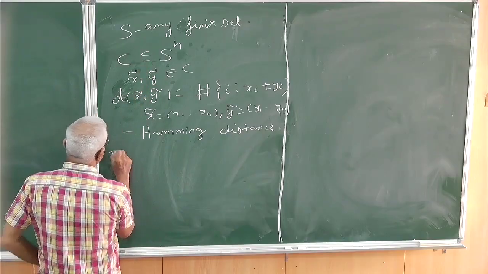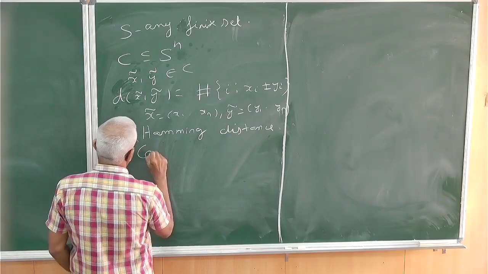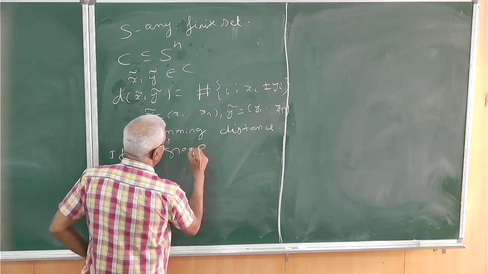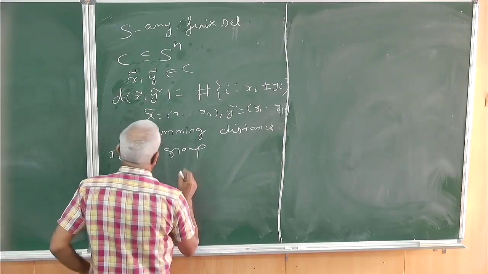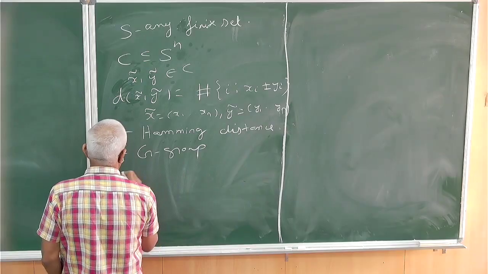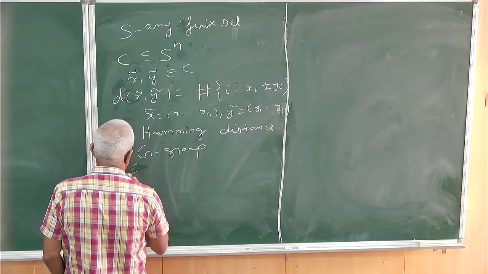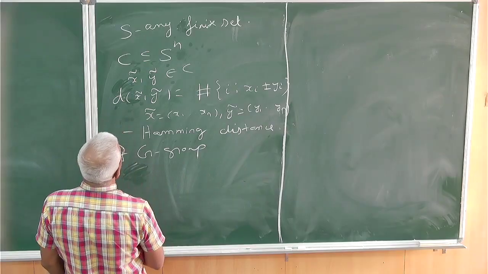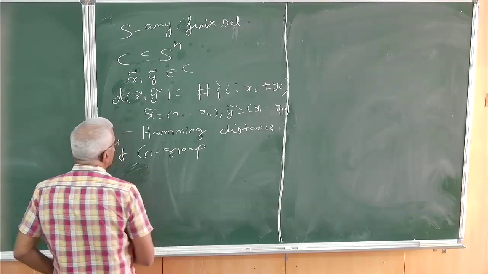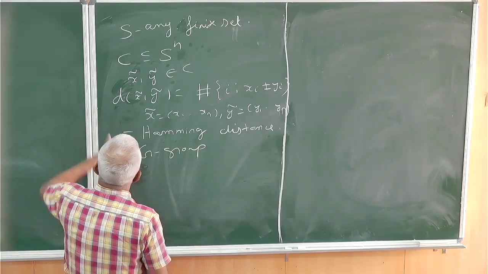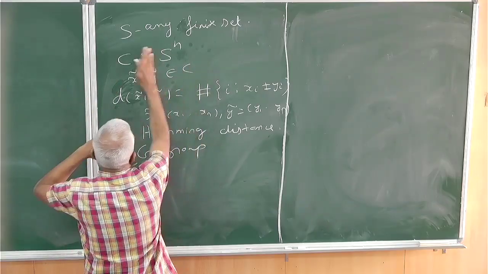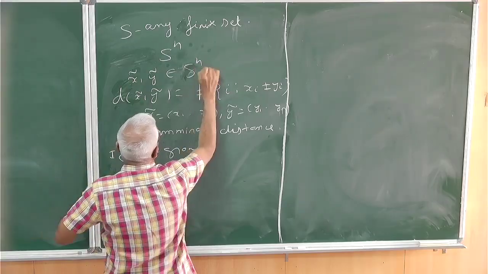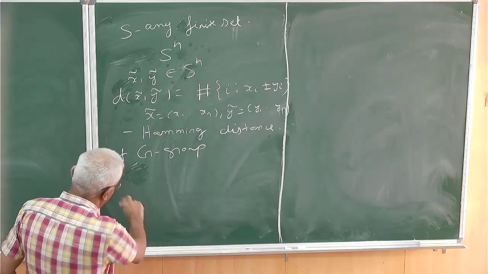Now if instead of S we take a group G, then we can define something that need not be a metric, it can be a norm. This can be defined for any S^n, it has nothing to do with C. C will come later.